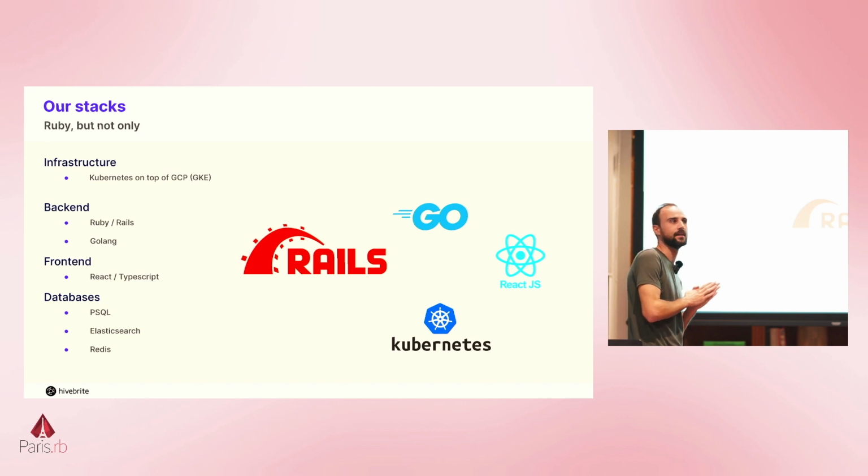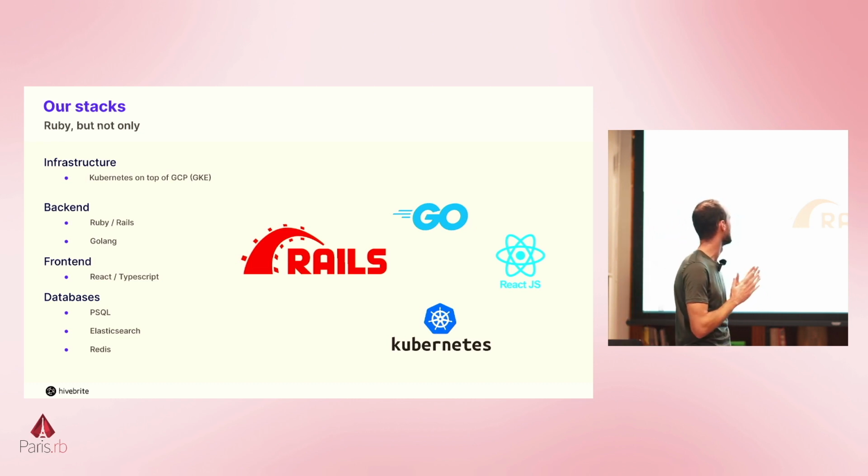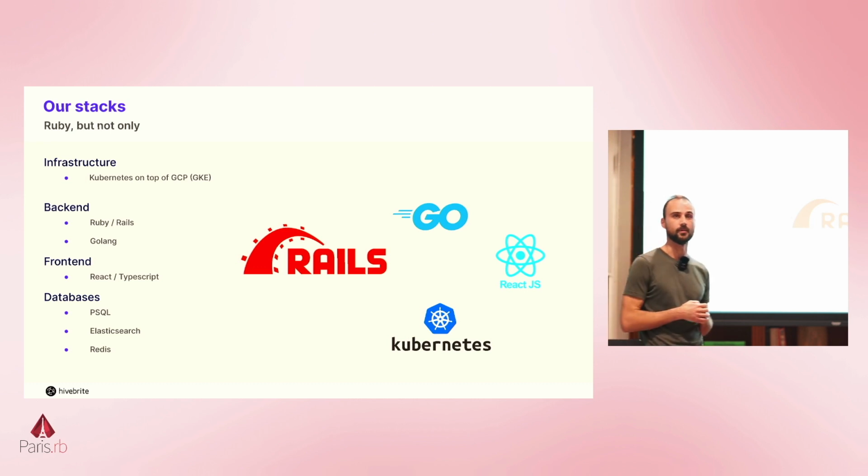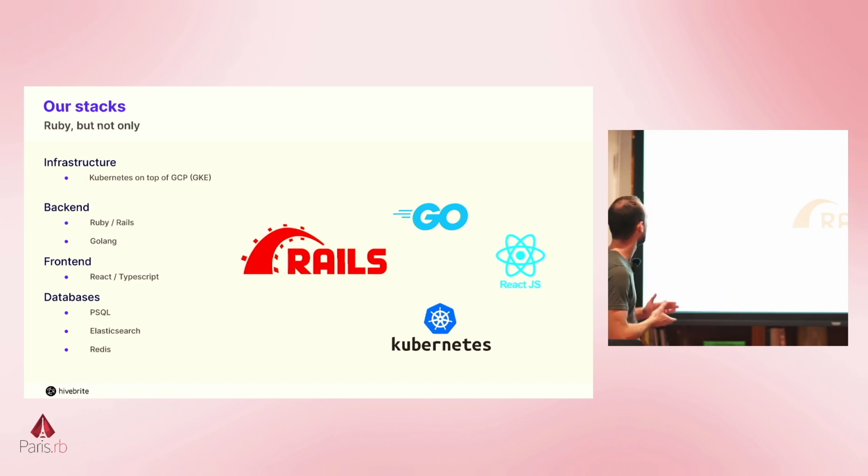A bit of context about the stack. We use Ruby, we use Rails, which is one of the biggest parts of our code base. We've been using Rails for like 10 years now, so we are pretty much into it. But we are not using Rails only.